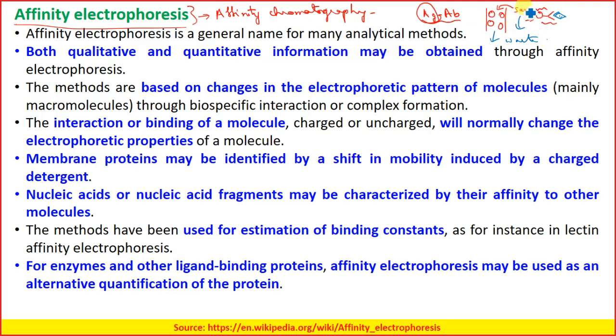Then, you change the properties of the column, say you may change the pH or the ionic concentration of the eluent.